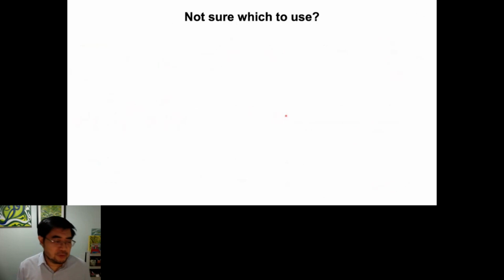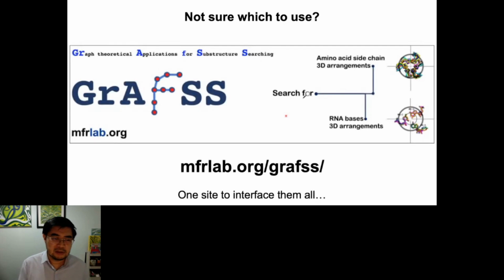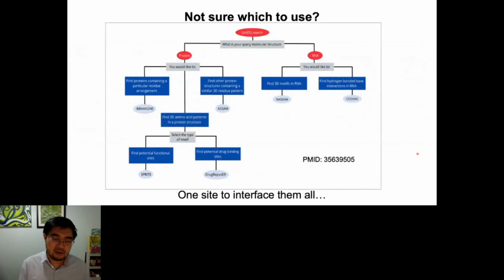We've had problems with users over the years, not sure which particular tool to use, or using the wrong tool for their searches. So we came up with one site to interface them all, which we call GRAPHS, Graph Theoretical Applications for Substructure Searching, which guides you through the process of which particular program to use without you actually needing to know what program it is that you're using.